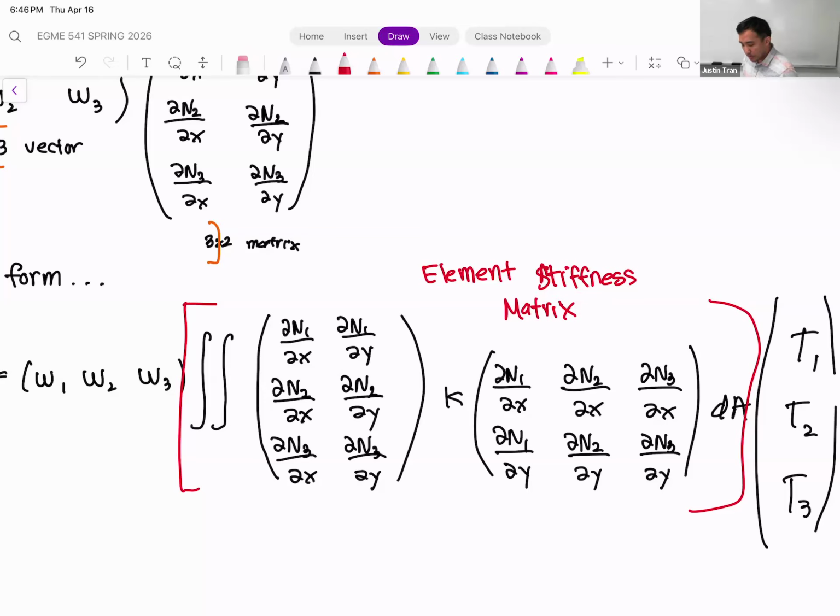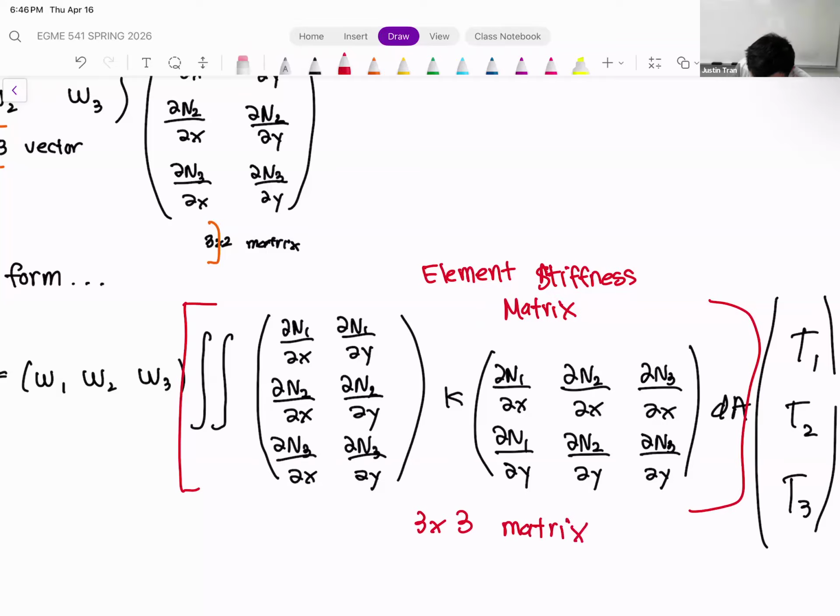You can see in this case, the devil is in the details. These are just the shape function derivatives, but we computed the shape function derivatives, so it's going to be a lot of plugging in and getting all that stuff in. One small thing you can pick up here is you can look at the size of the element matrix. If you perform that matrix multiplication, you can see on the interior here we're going to end up with a 3x3 matrix.